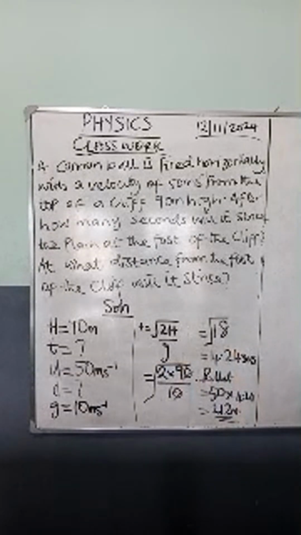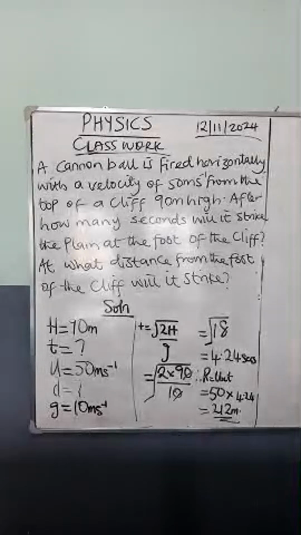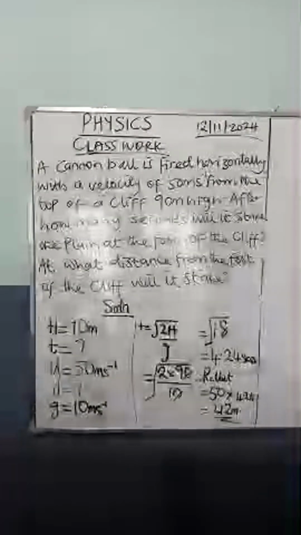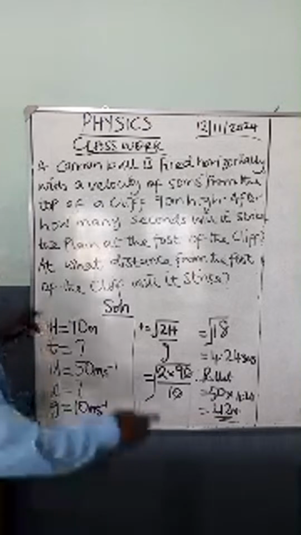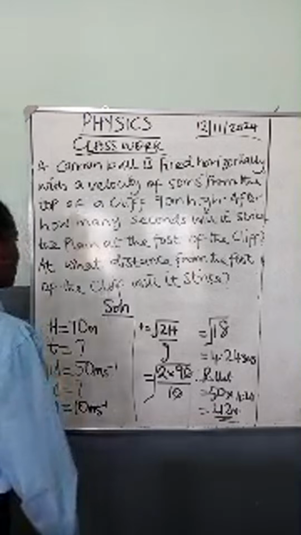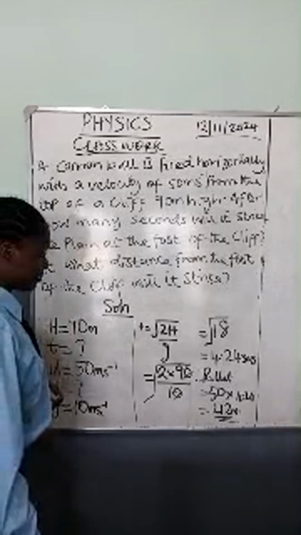Alright, can you explain what it is? Who will explain? Question: our height is 90 meters, and we're looking for time and distance. Our velocity is 50 meters per second, and our g is constant, 10 meters per second squared.